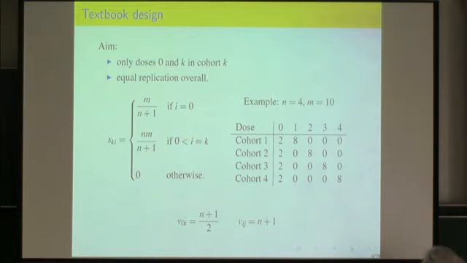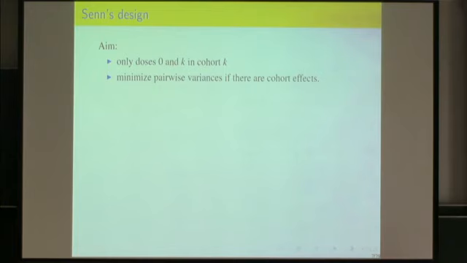And you can calculate very easily the scaled variance between placebo and the rest, and it's half of the scaled variance between everything else. So when we started looking at this, Stephen Senn was chairing the RSS committee, and he said, well, actually, if we're given the constraint we can only have placebo and dose K in cohort K, why don't we go for the fact that we want to minimize those variances instead of going for the mantra of equal replication?